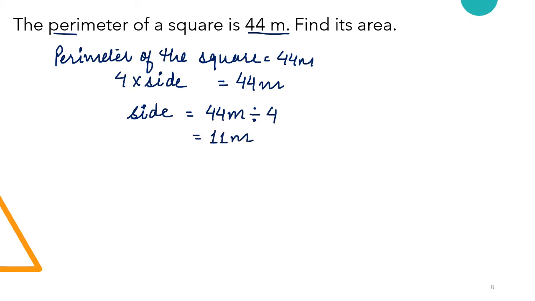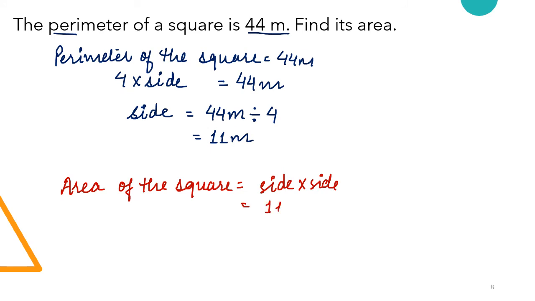So we got the side of the square, 11 meter. Therefore, the area of the square will be equal to side multiplied by side, that is 11 meter multiplied by 11 meter, which is 121 meter square.